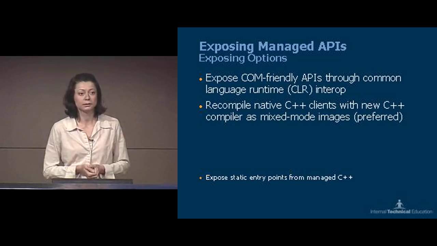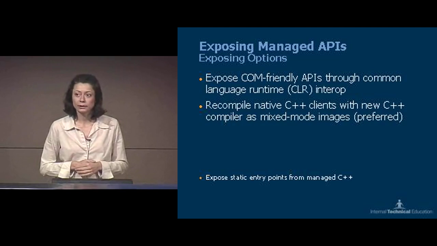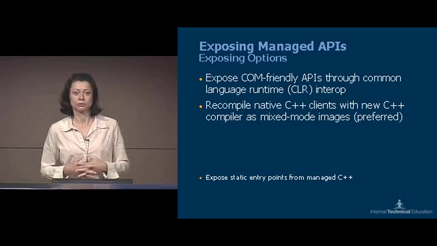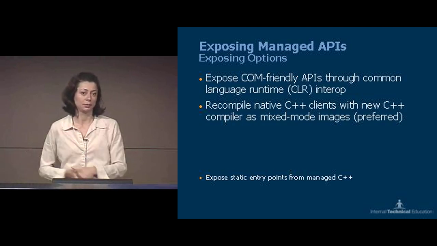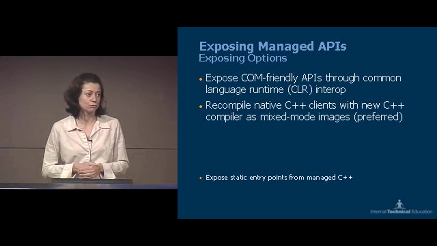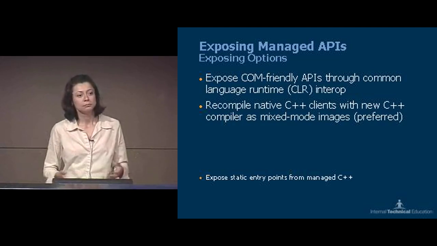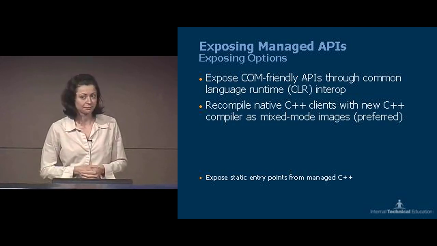The first one, which is probably the most common situation, is that you can decide to expose your managed APIs as COM APIs. So native clients who know how to use COM can just go and use your APIs as they are good old COM APIs.